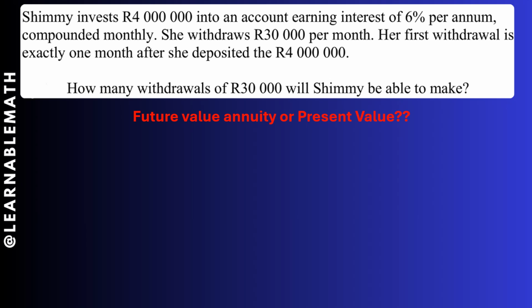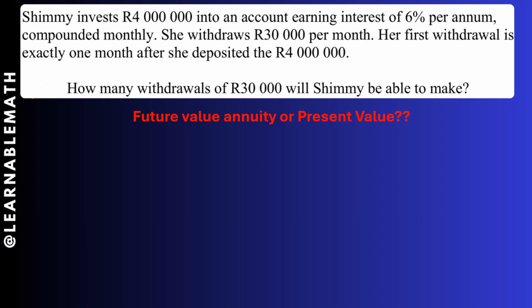Remember, when we talk about future value annuity, it's very useful to determine how much you'll have in the future, hence the word future value. So we use future value annuity if we want to determine how much we will have in future if we are making equal regular payments or deposits.